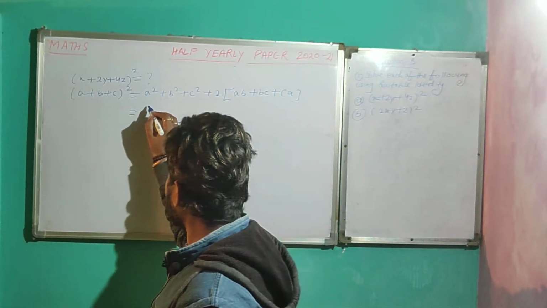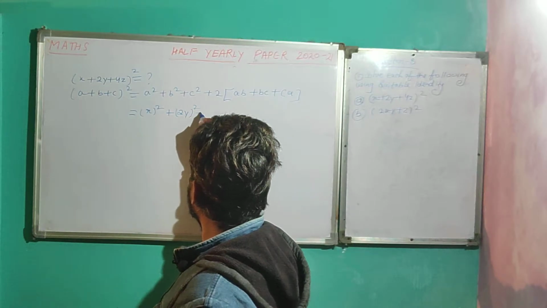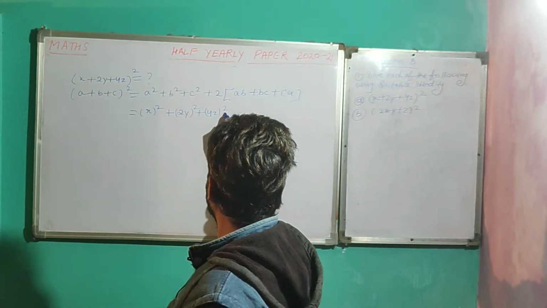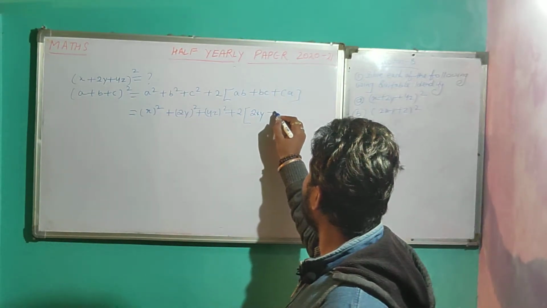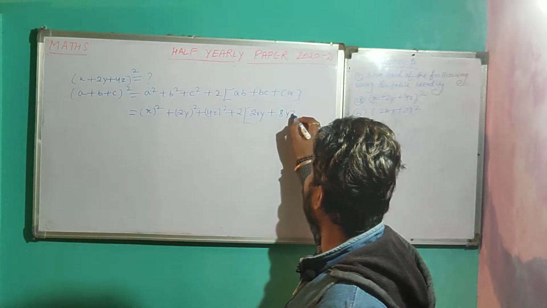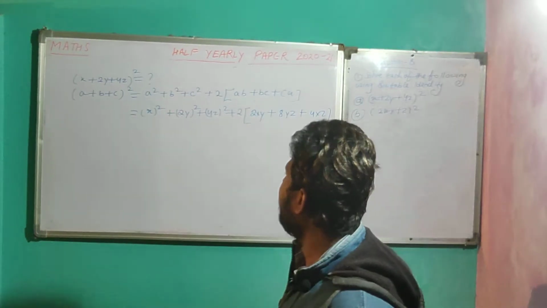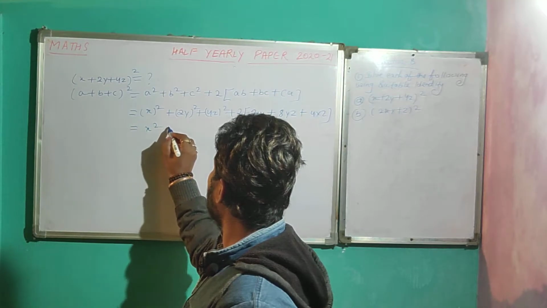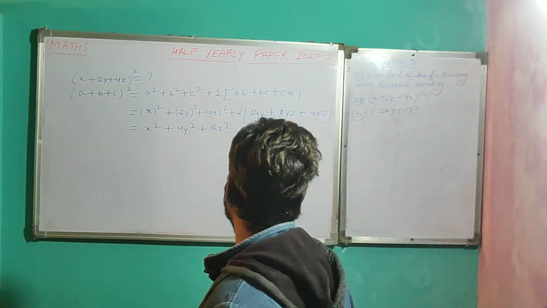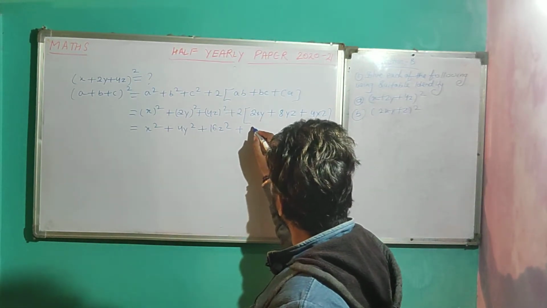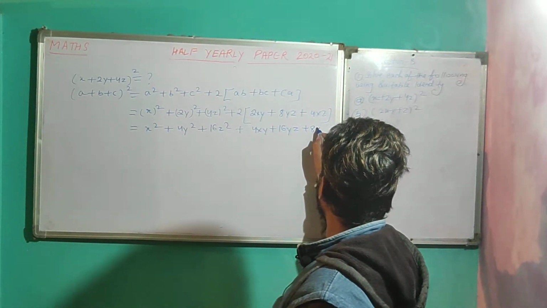Similarly, solving this, a is equal to x, b is equal to 2y, c is equal to 4z. Square plus 2 bracket ab is 2xy, bc is 8yz, ca is 4xz. Solving further, we get x square plus 4y square plus 16z square plus 4xy plus 16yz plus 8xz.